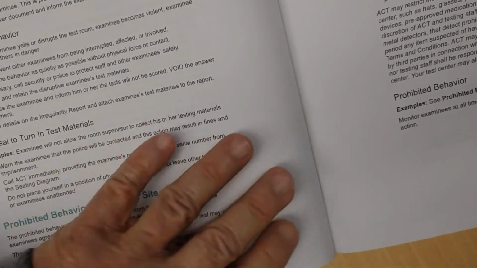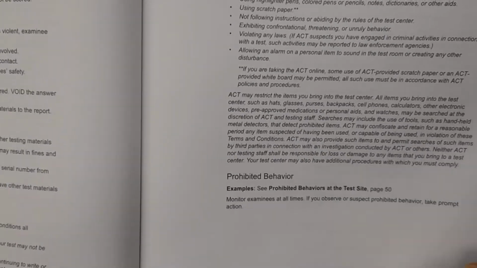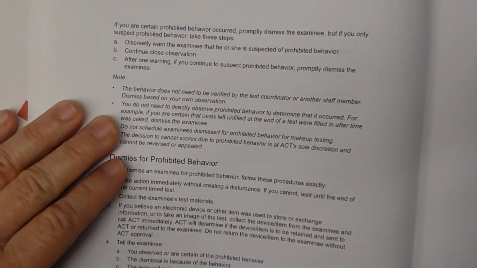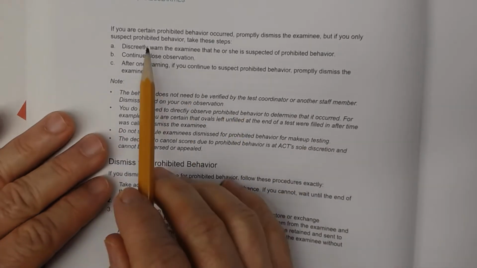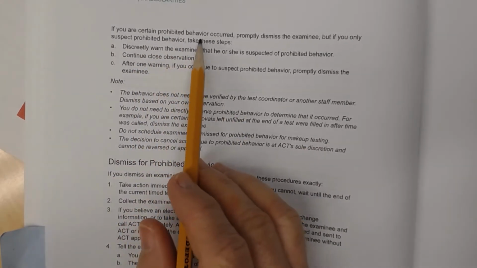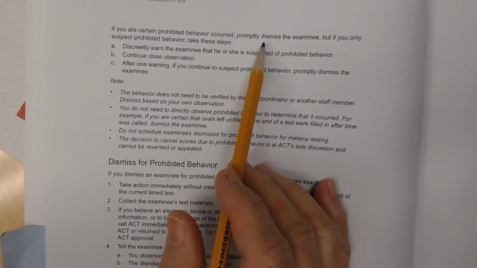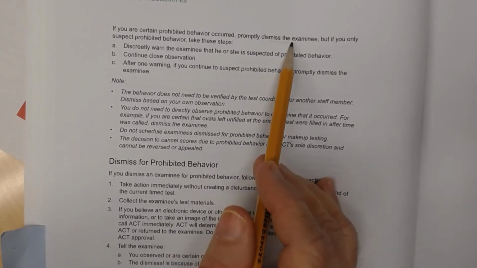Okay, so now the next thing I want to do is look at this part here in the accommodations manual. We can go to the next page. As a room supervisor or proctor, if you are certain prohibited behavior occurred, promptly dismiss the examinee.